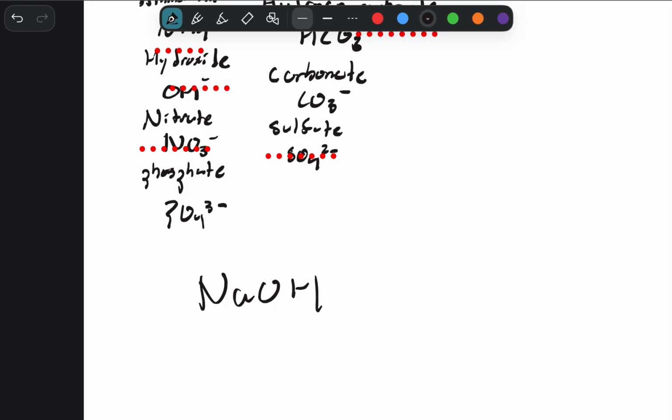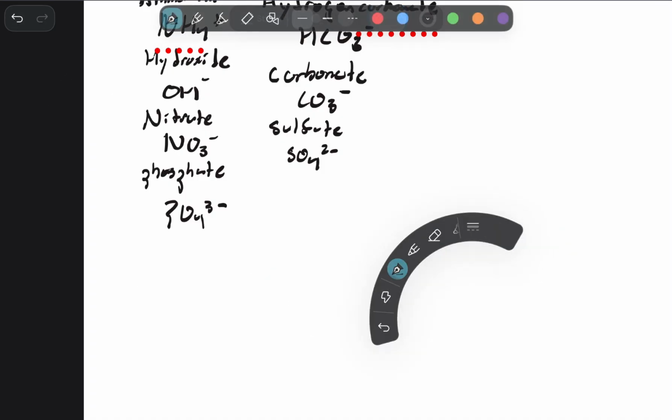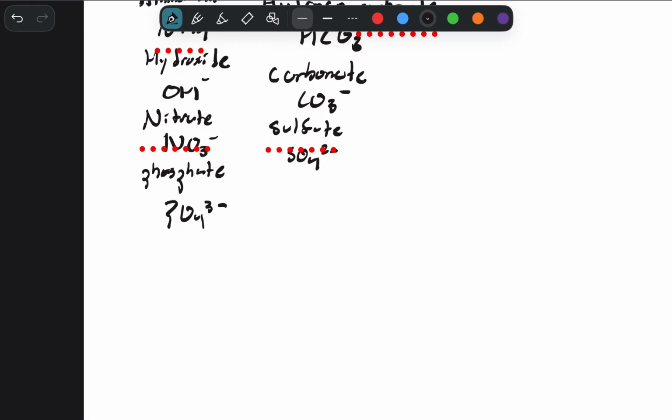The actual name would be sodium hydroxide, because the OH comes together and is a polyatomic ion. It's easy as that if you memorize it, but as you go through the course you'll become familiar with these and know how to name them, though you might struggle a bit for your little test.